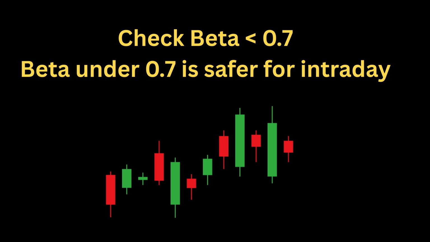A beta less than 1 means it's less risky, and if it is 1, it's as volatile as the overall market. I usually prefer intraday stocks with beta value less than 0.7, which means it's safe to trade them with no big price movements within a single day.